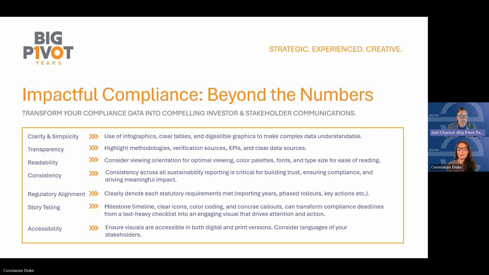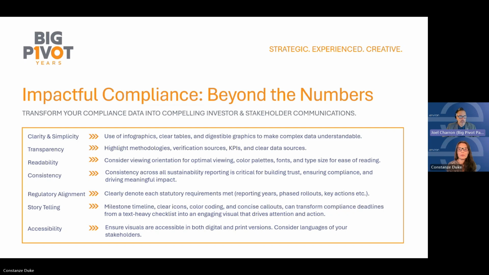As you begin to present this information, consider viewing orientation from a readership standpoint, whether it's going to be mobile friendly, color palettes, fonts, type sizes for ease of reading, but also accessibility.